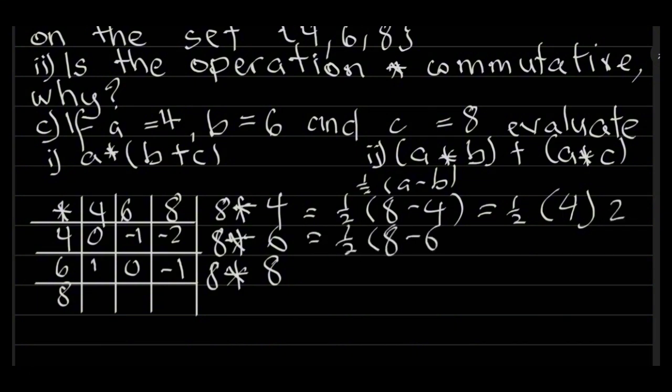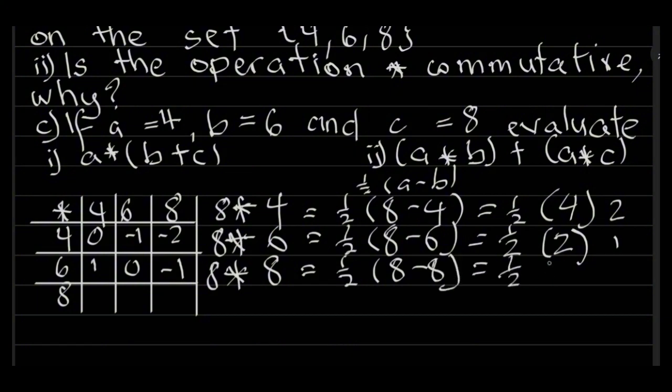Half 8 minus 6 will give us half of 2, which will give us 1. Half 8 minus 8 is equal to half of 0. Basically we'll be having 0. So our answers are 2, 1, 0. So we are done with our table.